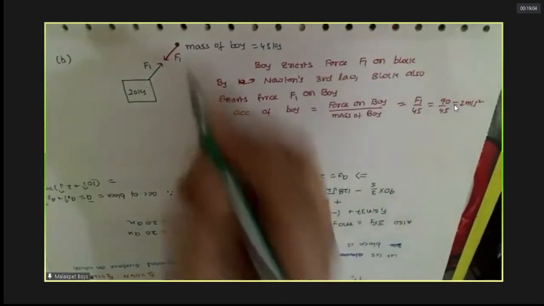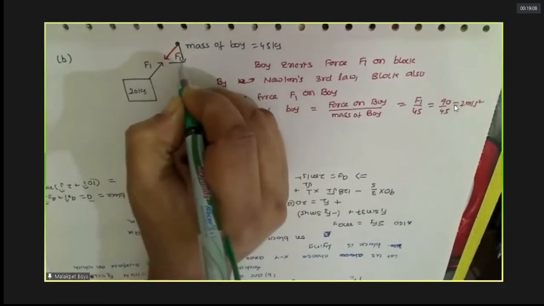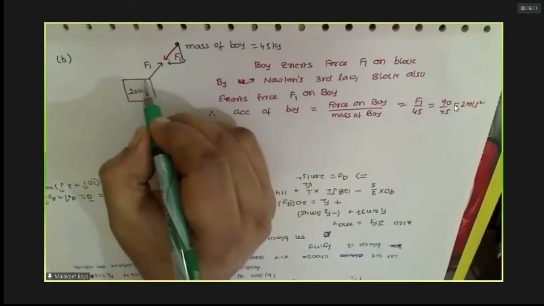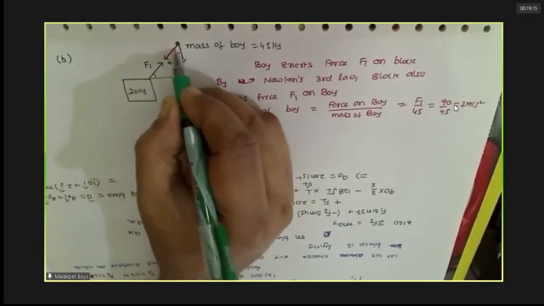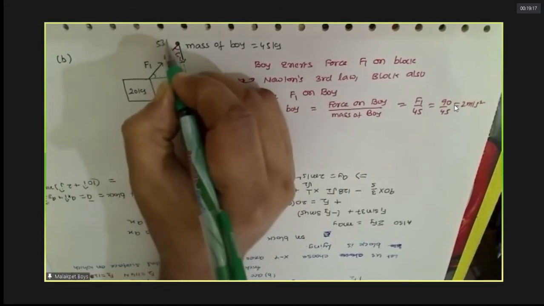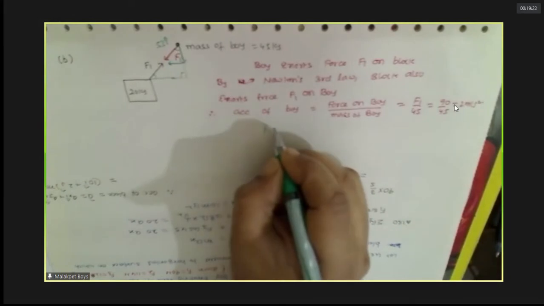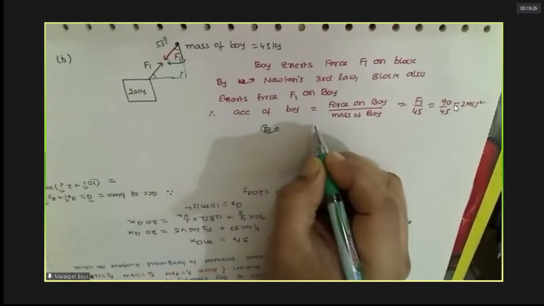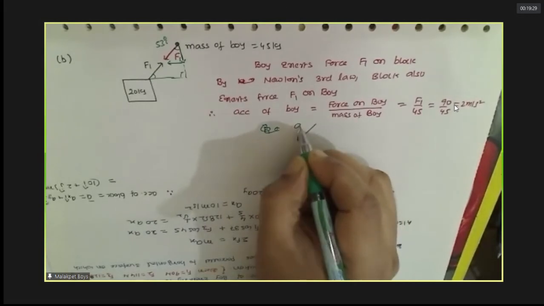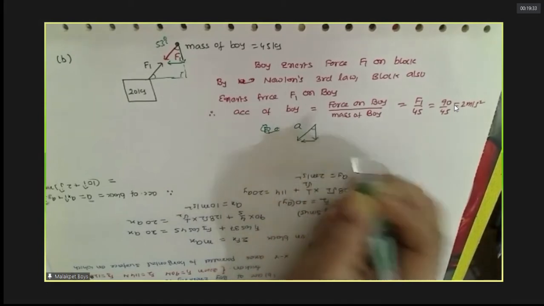Follow this. Now, this direction has two components. This is 37, this is 90, so this must be 53. So F1 is nothing but this, and this is the acceleration. Do you agree with this? This is 53.